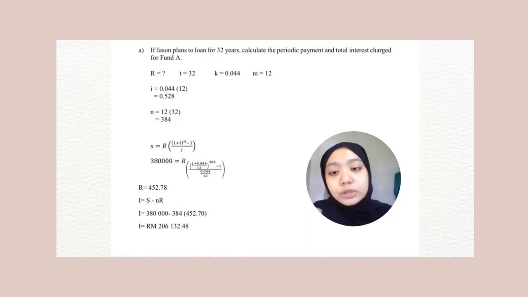So I'm going to use the S formula, which is S equivalent to R[(1 + i)^n - 1]/i. So 380,000 ringgit equivalent to R[(1 + 0.044/12)^384 - 1]/(0.044/12).